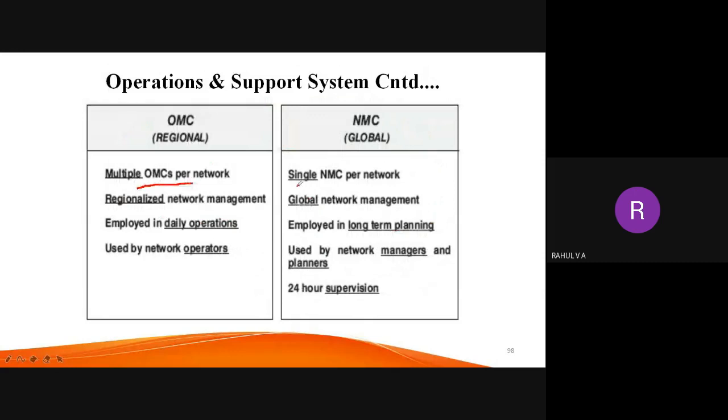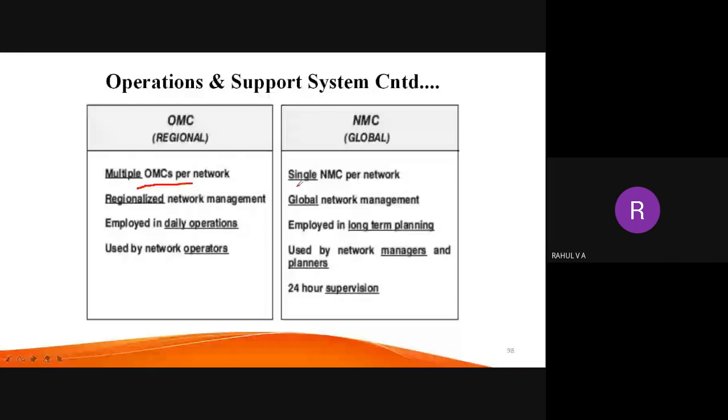That means if you take the Airtel network, they will have multiple OMCs and only one NMC. The OMC does regionalized network management. You might have noticed that for Kerala they announce a separate package, and for another region a separate package.